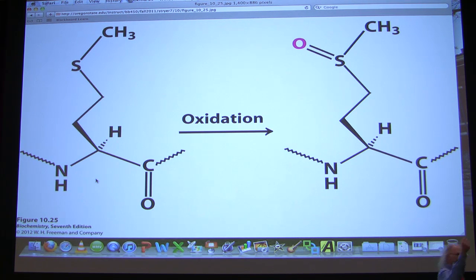Remember how I said alpha-1 antitrypsin fits into the active site and blocks it? This guy doesn't fit in the active site anymore. The more you smoke, the more you damage your alpha-1 antitrypsin, the more elastase starts doing the thing that it's supposed to, which is attack proteins, but those proteins are unfortunately in your lung tissue, and you're much more likely to develop emphysema as a result of smoking.